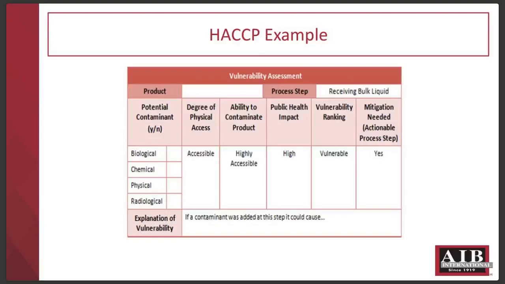You can see there that I have a place to rate based on likelihood and severity, the degree of physical access to a product, the ability to contaminate, and the public health impact, and a place where I can give my overall vulnerability ranking, and is it an actionable process step, or have I identified a significant vulnerability? So just another type of a methodology that could be utilized.